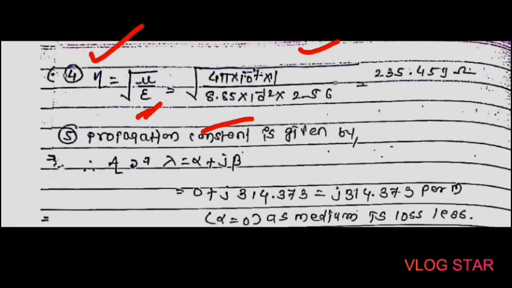So we get the intrinsic impedance, eta, equal to 235.459 ohm.